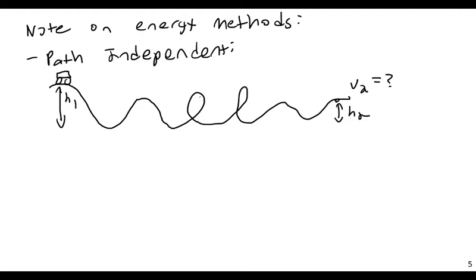So energy methods by themselves don't tell you anything about the time. Sometimes you could go back, make some assumptions, and apply momentum or kinematics, etc. But in terms of energy methods by themselves, you cannot get anything time related.